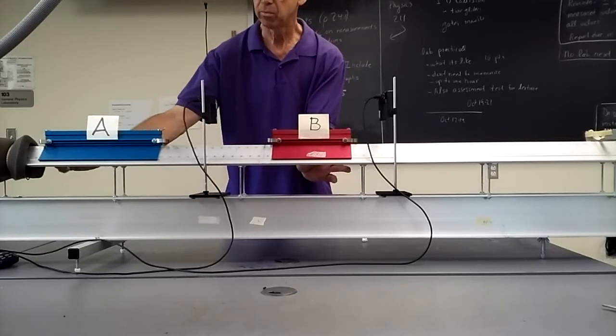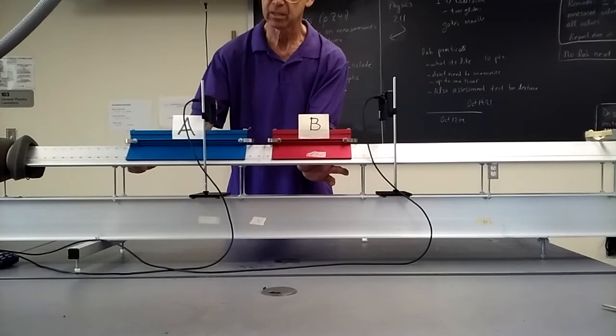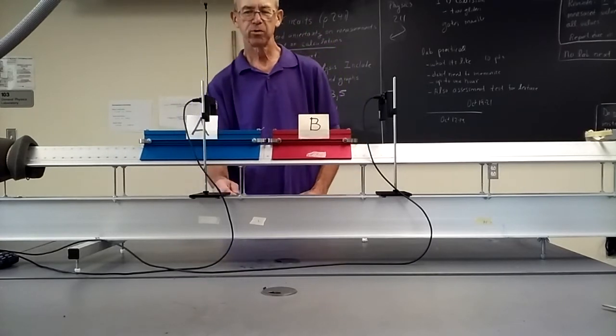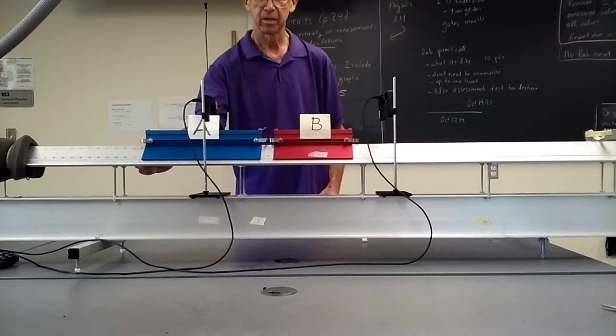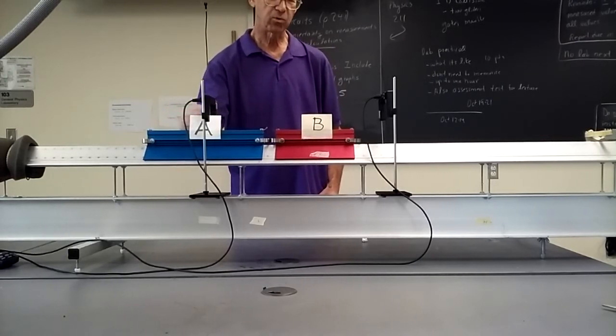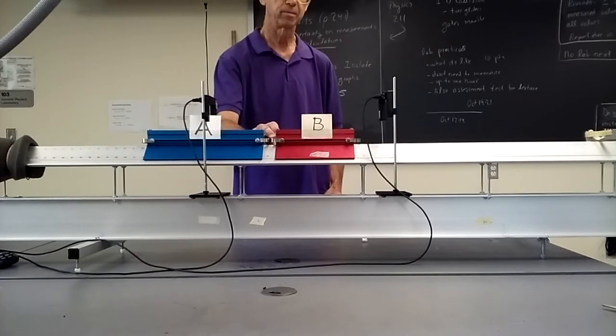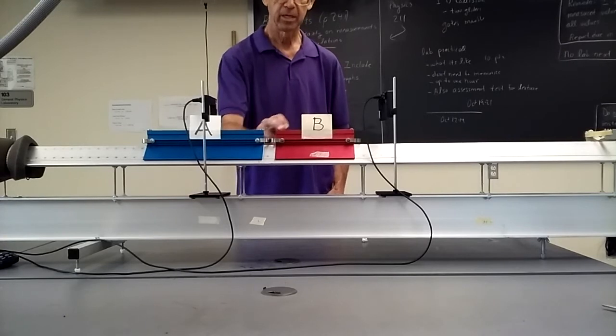Well, if I give the blue one a push and it's moving, then there's a problem. Hopefully you can tell in the video, but the blue glider is still in the gate while it's hitting the red one.